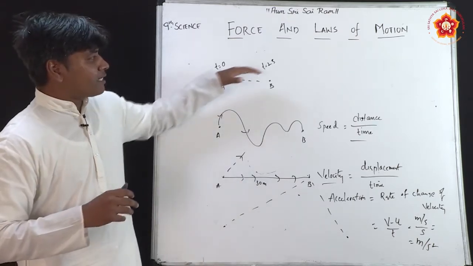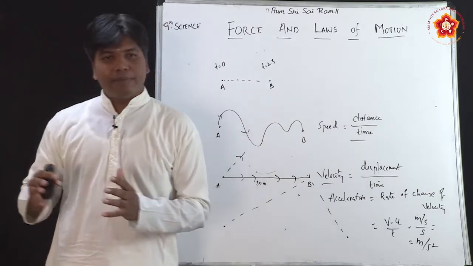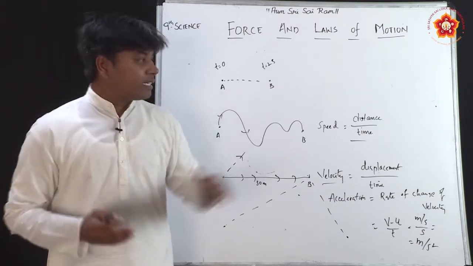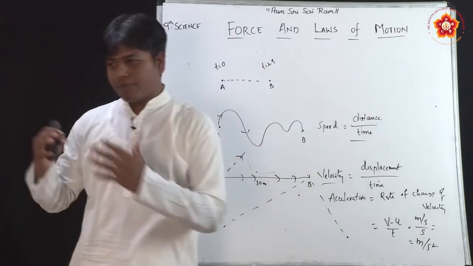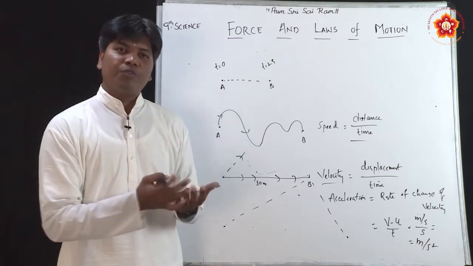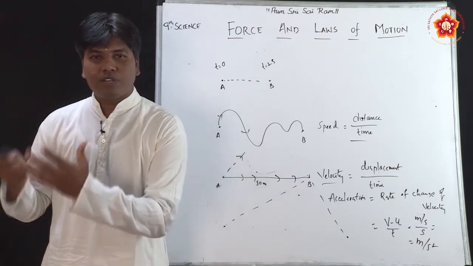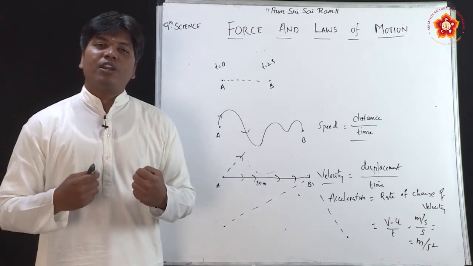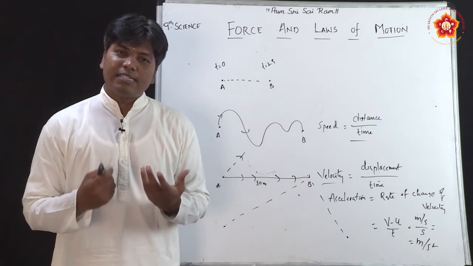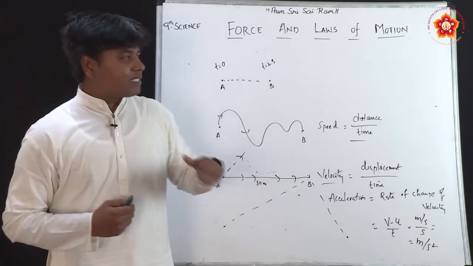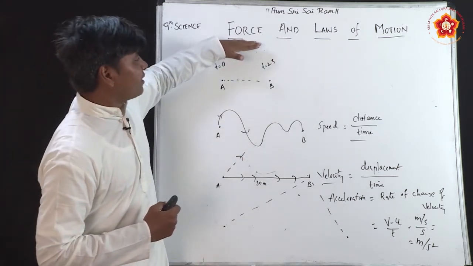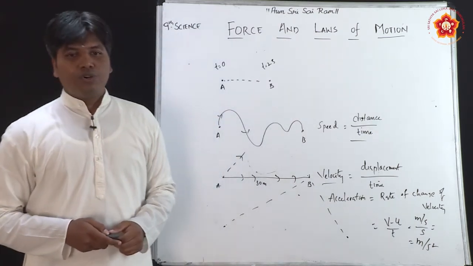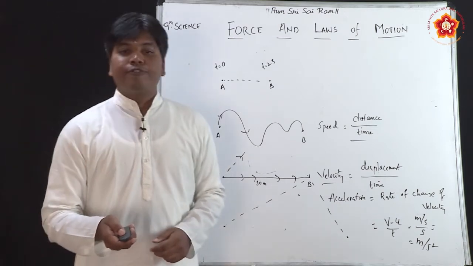In the first chapter, motion, we studied the kinematics part. Now we want to study what are the rules that govern the motion. Yes, everything is moving. This object is moving with this much speed, this object is moving with this much velocity, but we need to know why this object is acquiring this velocity. What is the reason behind it? So this gives you the chapter, the force and laws of motion. All right. So let us go and study what the force is.